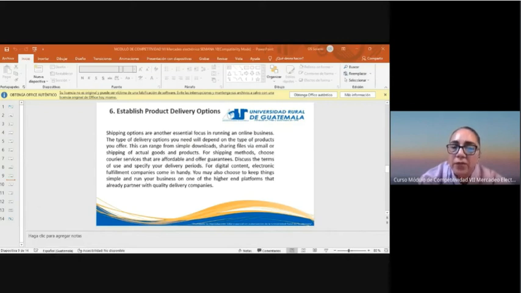It's really important for your company because you need to make sure that your client receives the product with the quality that the customer is waiting for. For example, when you buy something online and you're waiting for this product, when you get it, this product will be in good condition with the quality that the company offered you.